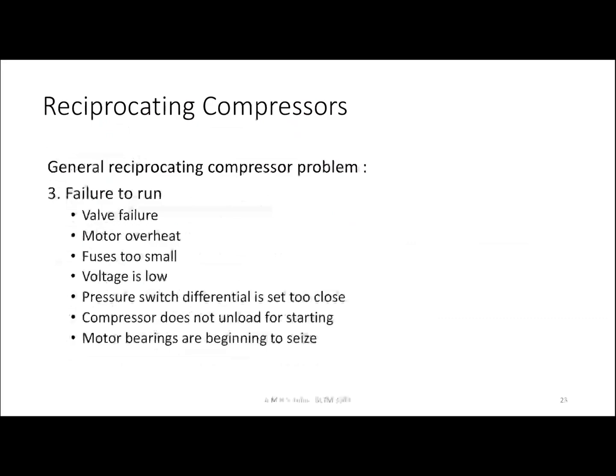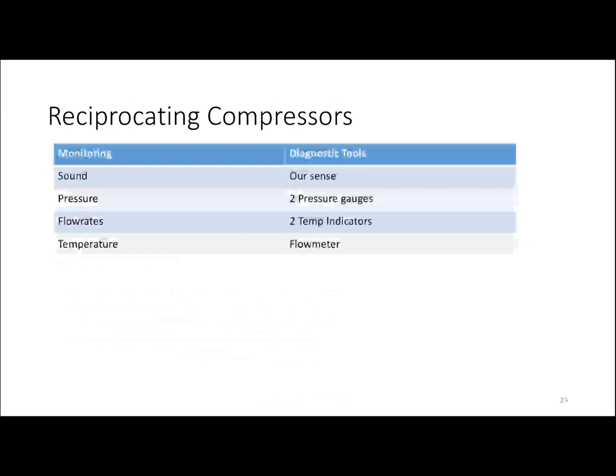And then the compressor does not unload for starting, meaning something is loose inside the compressor, and the motor bearings are beginning to seize. These are typical problems if the piston compressor fails to run at all, right?